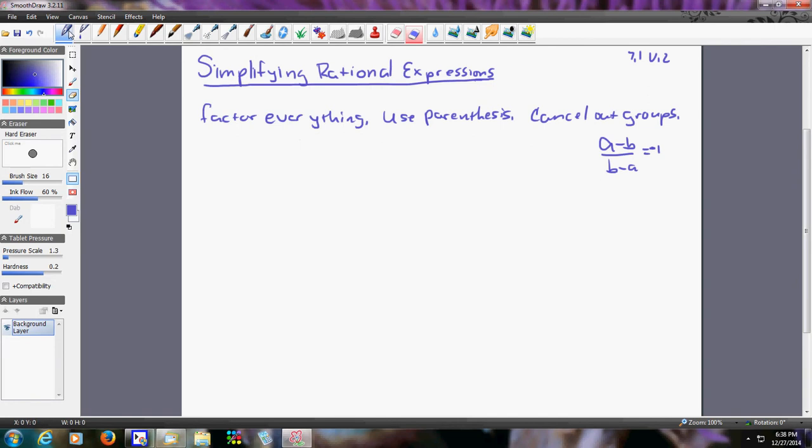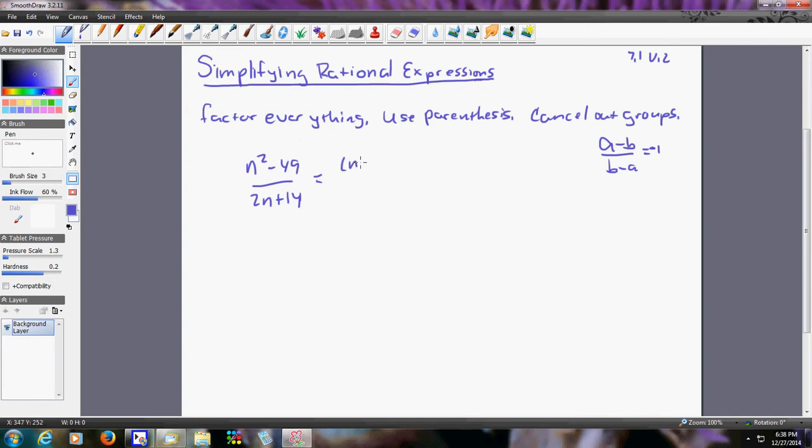All right, so let's go ahead and jump on in and do a couple of examples. I'm going to do some pretty basic examples. Let's take a look at n squared minus 49 over 2n plus 14. Like I said, the first thing I'm going to do is factor everything.